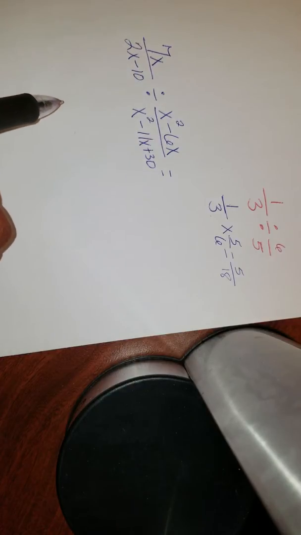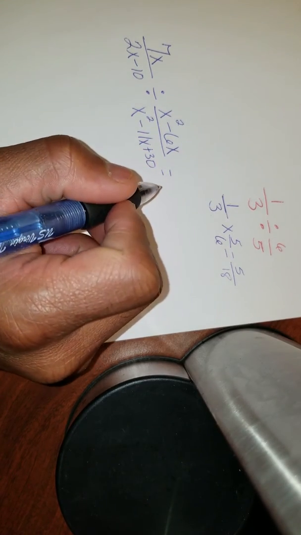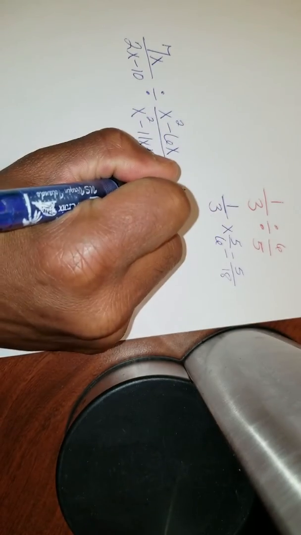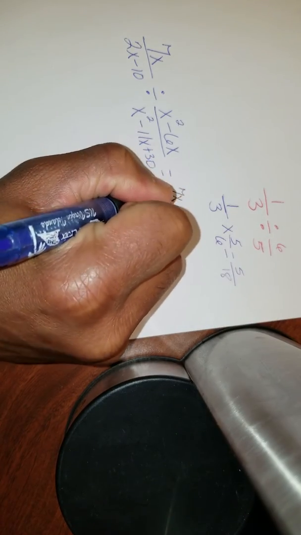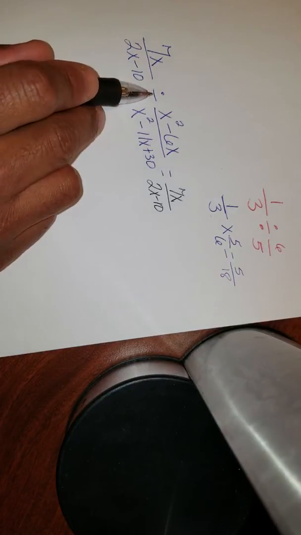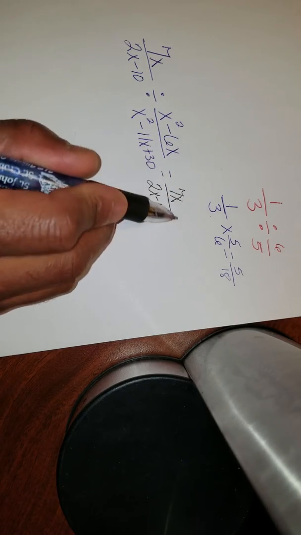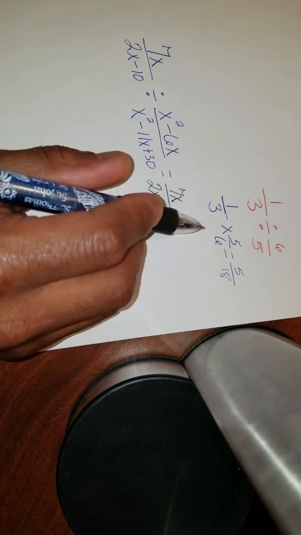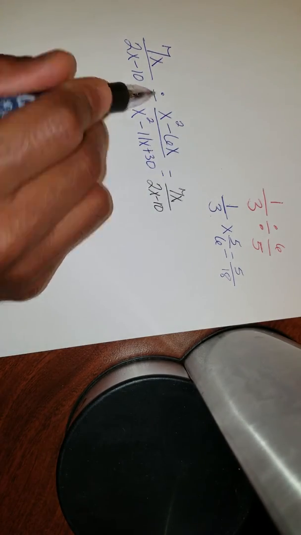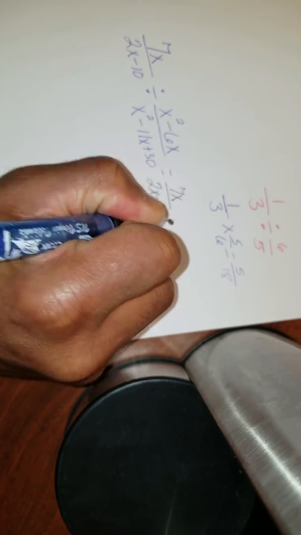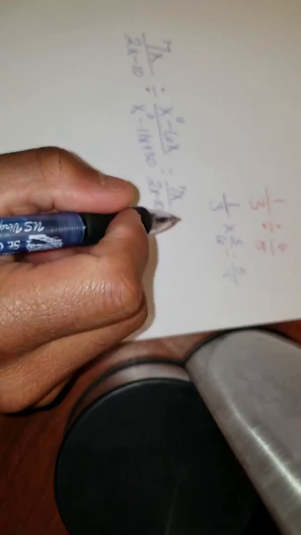And when you divide a rational expression, you must keep the first expression exactly the same. My first fraction will remain the same. So in this case, I will keep 7x divided by 2x minus 10 exactly the same. I'm going to change my division symbol into multiplication. Because this is higher than elementary, we no longer use the x. Instead we just put a dot in between the two fractions.